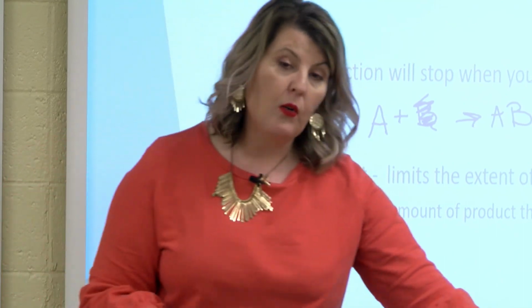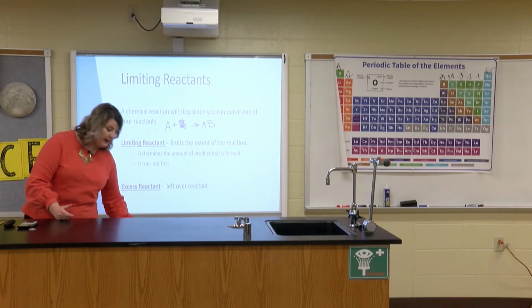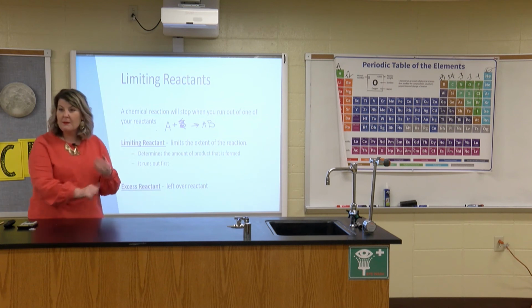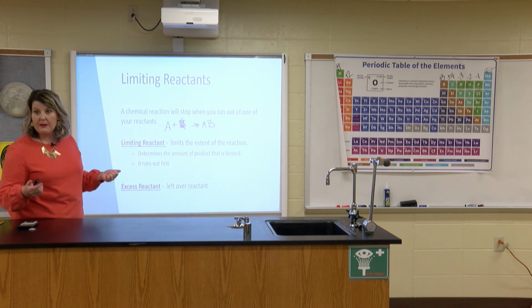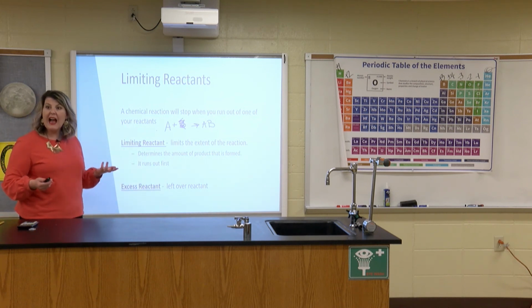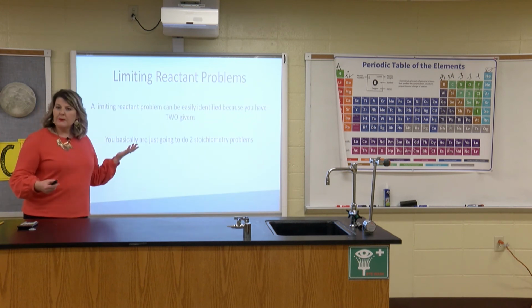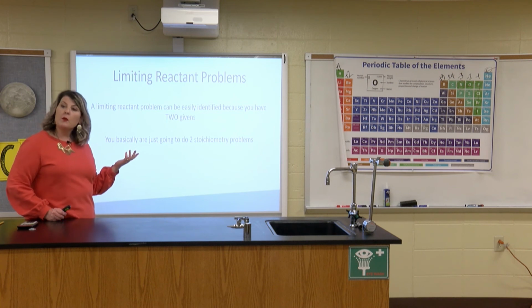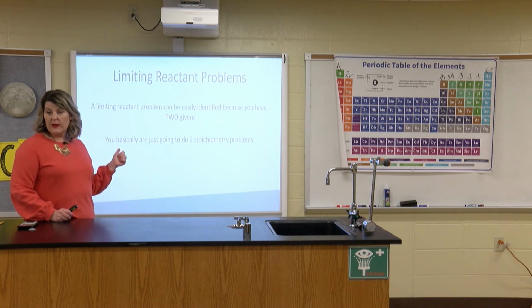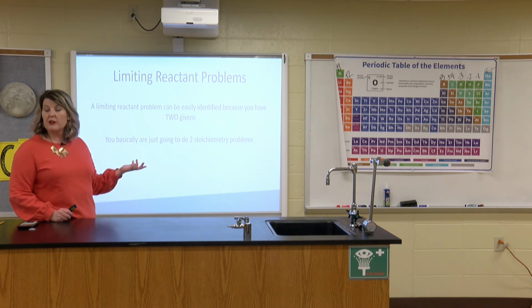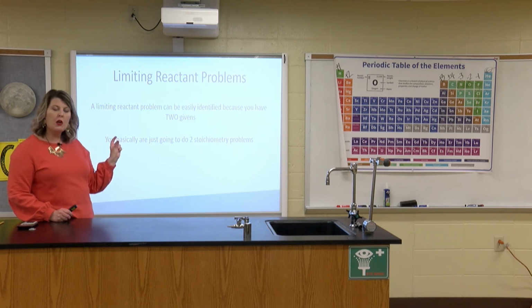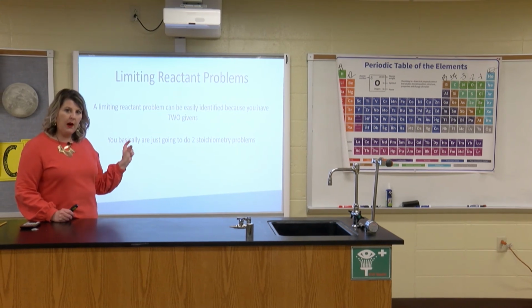How to figure out how much AB you can make when you run out of a certain amount of A or you run out of a certain amount of B, because you can mathematically calculate that amount. So these problems are easy to recognize. If you were with us the last few weeks, we did stoichiometry, and you noticed that you were given one number when you started a stoichiometry problem.